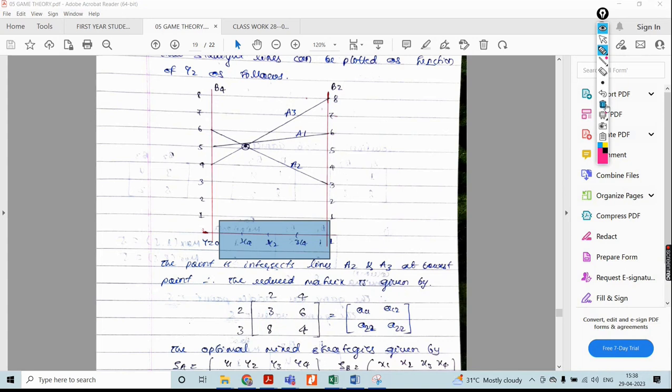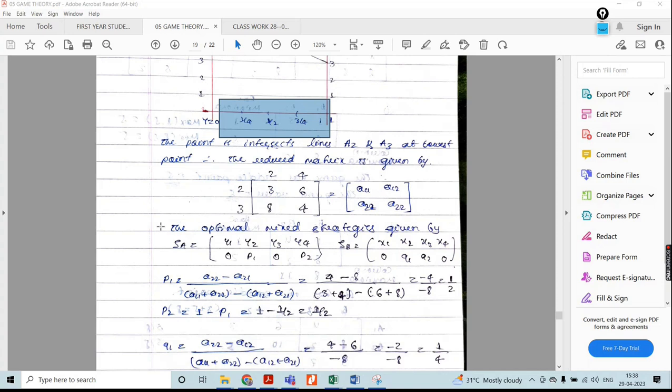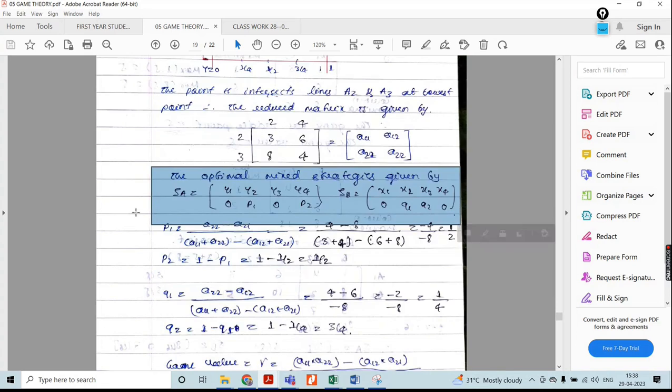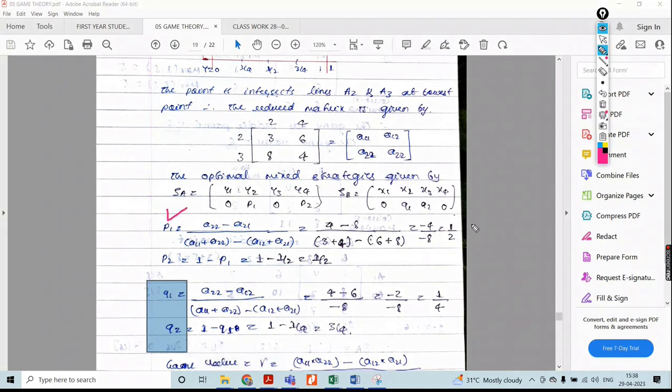Once you got these values, you can go for the optimal solution by the use of the P and Q method. Evaluate P1, get the value, then P2 is equal to 1 minus P1. Similarly get Q1 using the A11, A22, A12 and A21 values, then find Q2, that is 1 minus Q1.